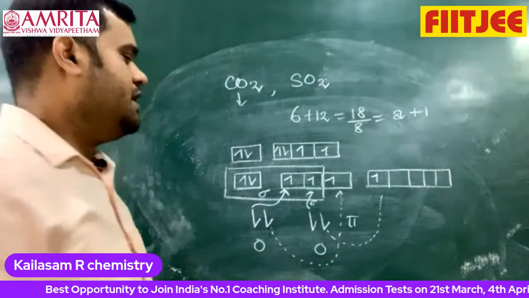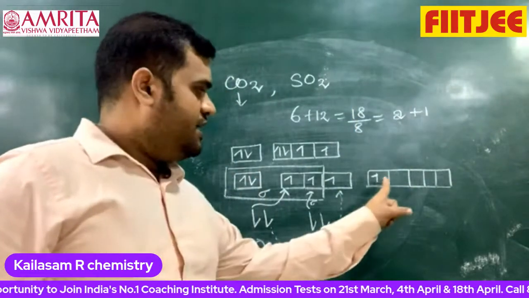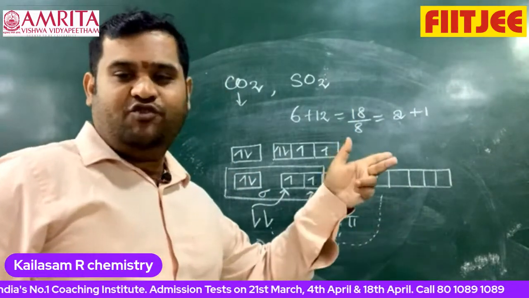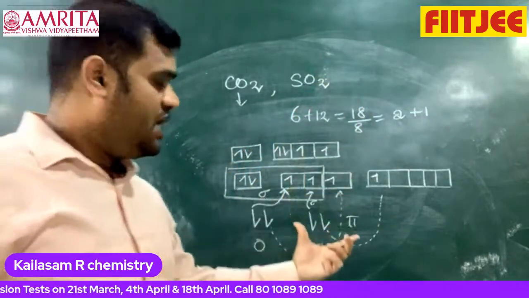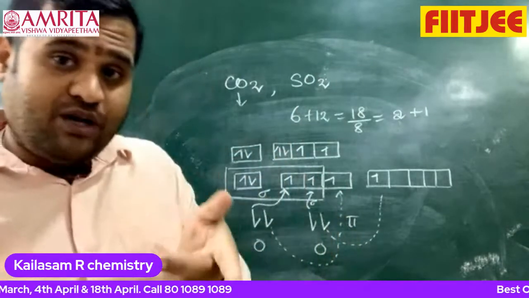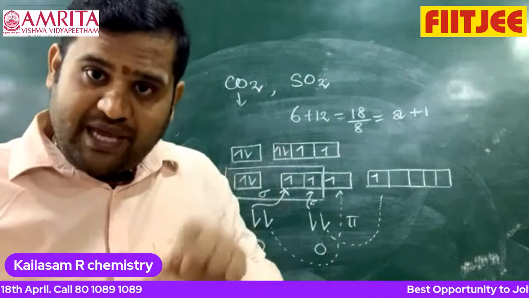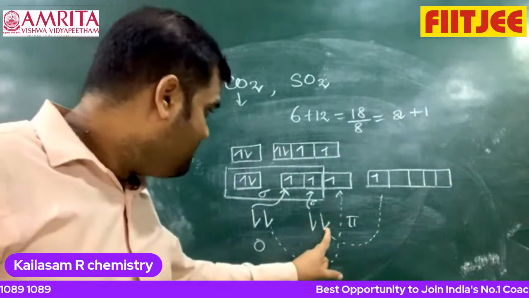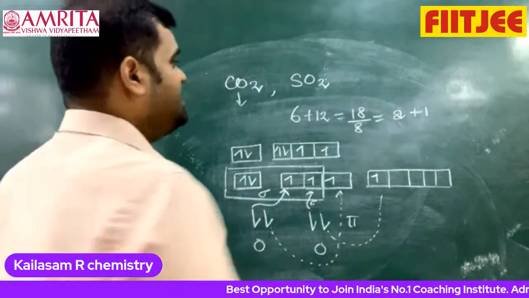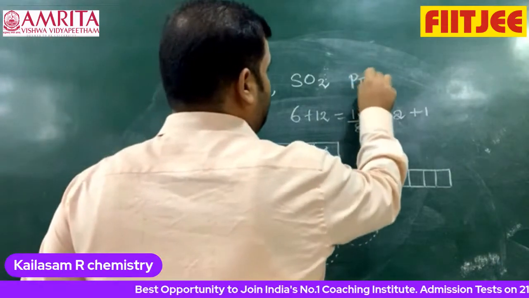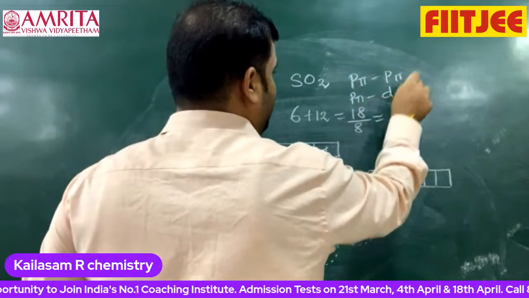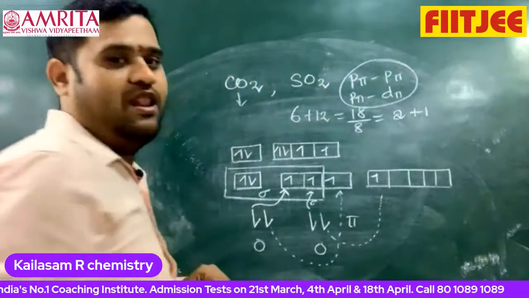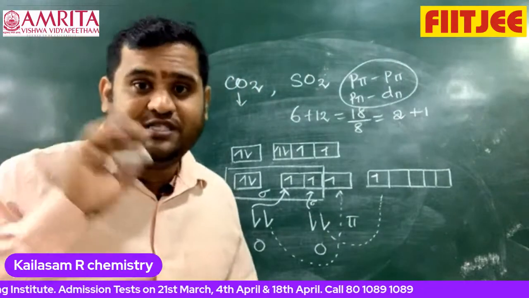The p orbital of oxygen and the d orbital of sulfur are going to form a p pi-d pi bond. So in SO2 also you have 2 pi bonds, but the 2 pi bonds are different. One is p pi-p pi, another one is p pi-d pi. That's all. This is the logic.